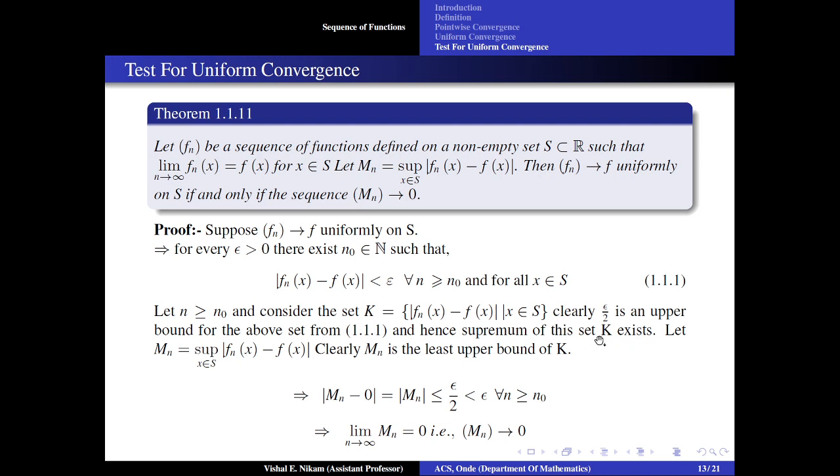Hence, the supremum of this set K exists. Let Mn be equal to the supremum over x belonging to S of mod fn of x minus f of x. Clearly, Mn is the least upper bound of K.